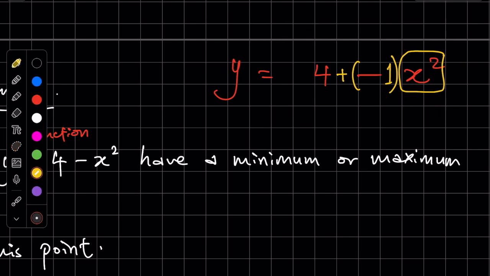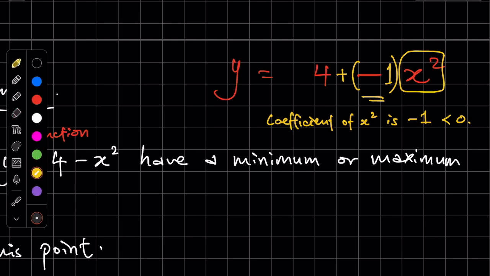So what is your coefficient? Negative 1. So the coefficient of x squared is negative 1, which is less than 0.